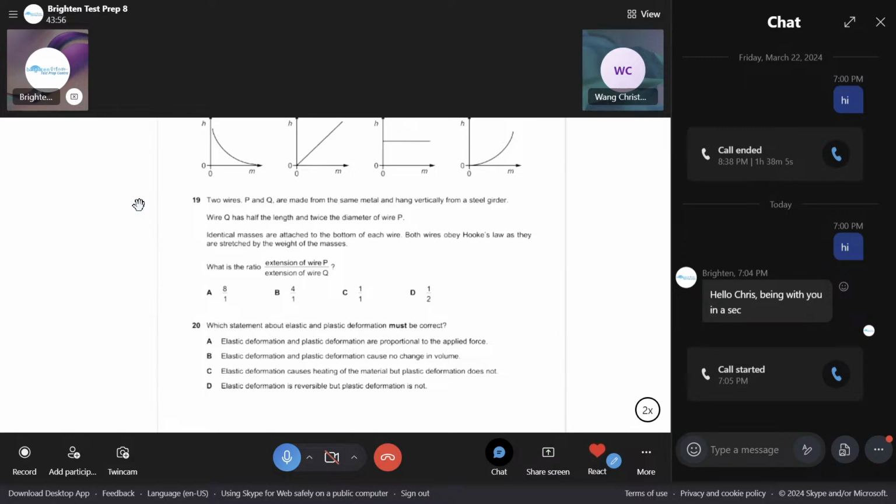So we have Q. Q has half the length and twice the diameter. So this one has half the length and double the diameter, obviously. Both wires now, they could be like coils even, but we just call them wires here. So we put on the same mass.